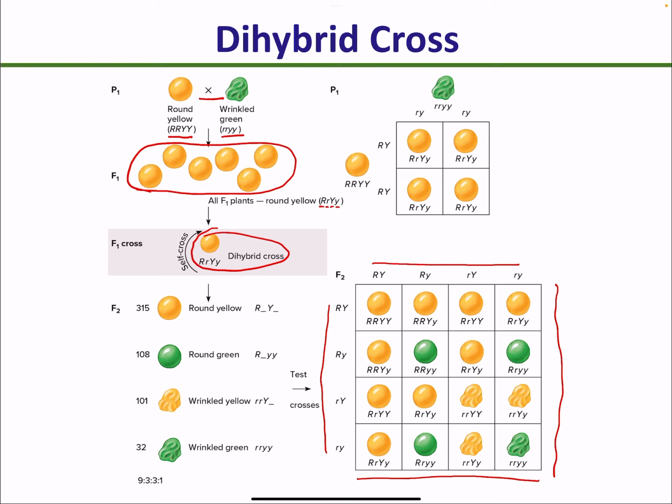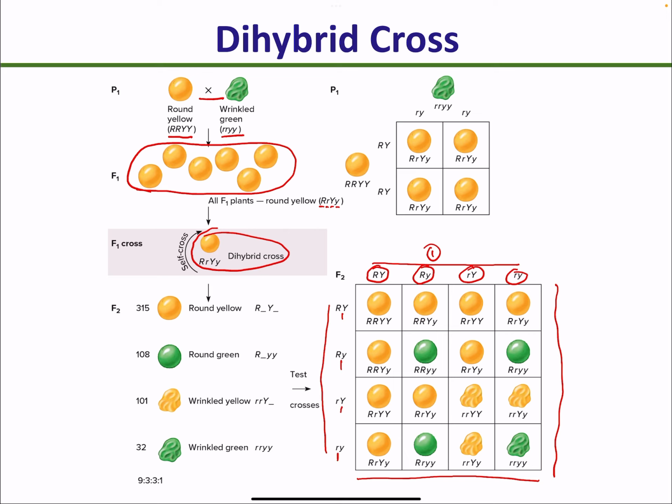What are the 4 different gametes that parent 1 is going to produce? Capital R, capital Y, capital R, lowercase y, lowercase r, capital Y, lowercase r, lowercase y. This parent is also going to produce the same thing.